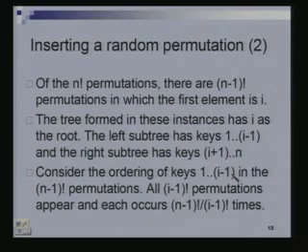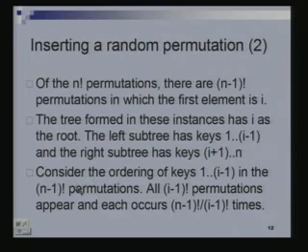So, if I look at all of these n minus 1 factorial permutations, they will induce permutations of these keys 1 through i minus 1 also, and every permutation of 1 through i minus 1 would be there. In particular, each permutation of 1 through i minus 1 would occur how many times?